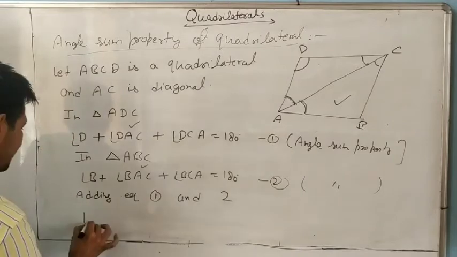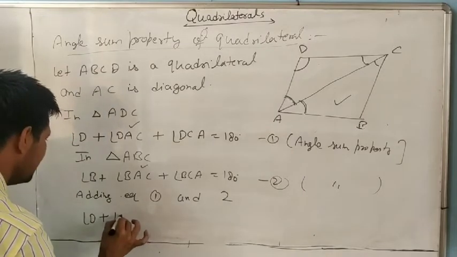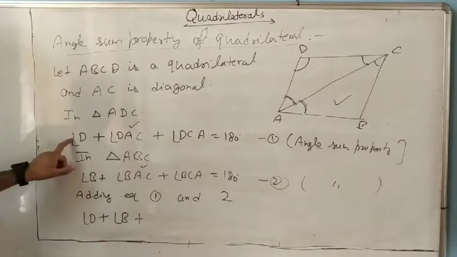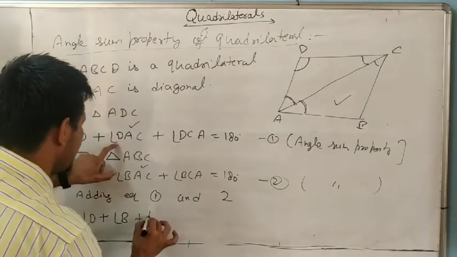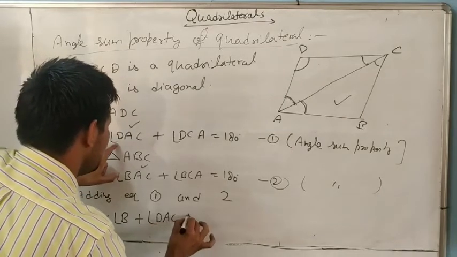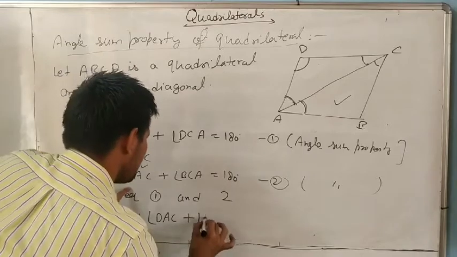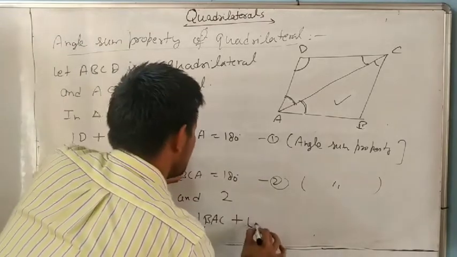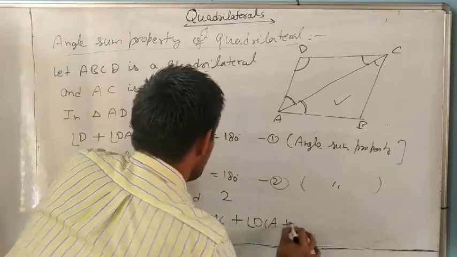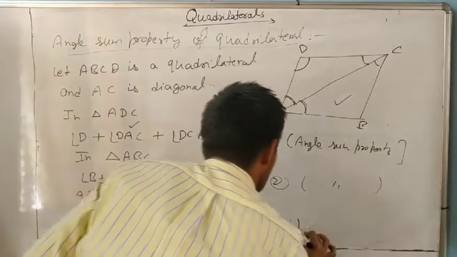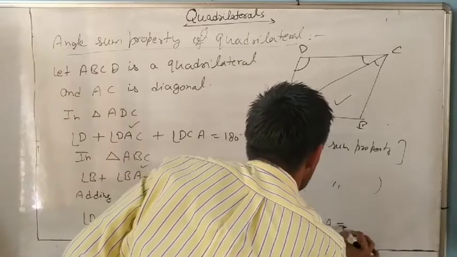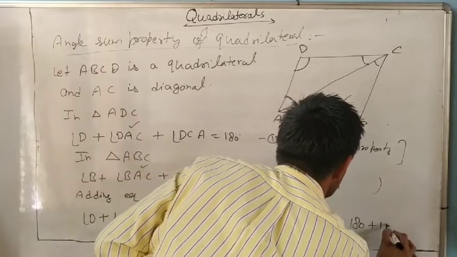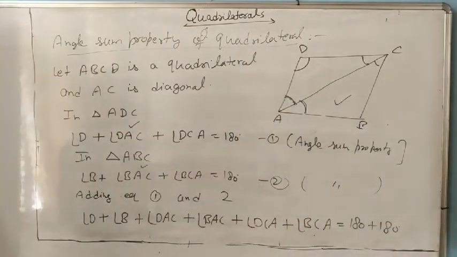Angle D plus angle B plus angle DAC plus angle BAC plus angle DCA plus angle BCA equal to 180 plus 180. Understand it?